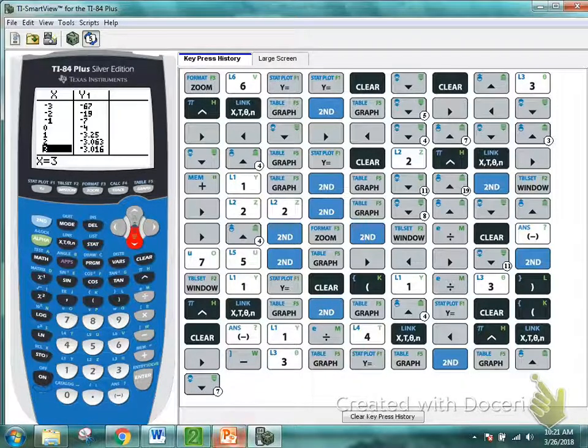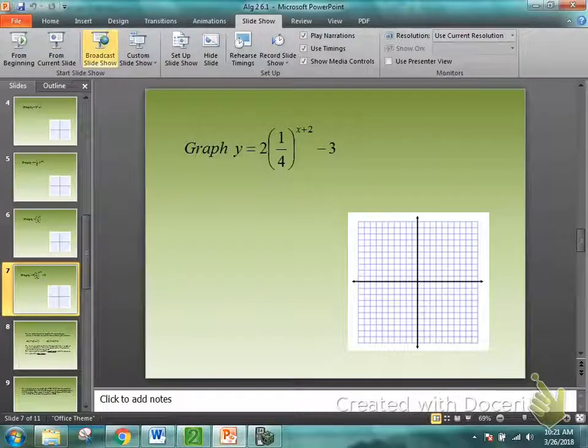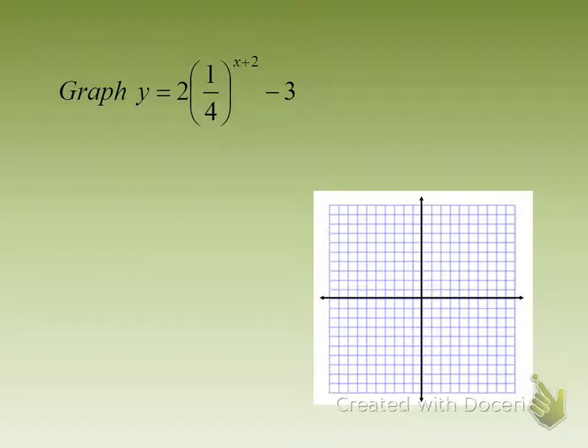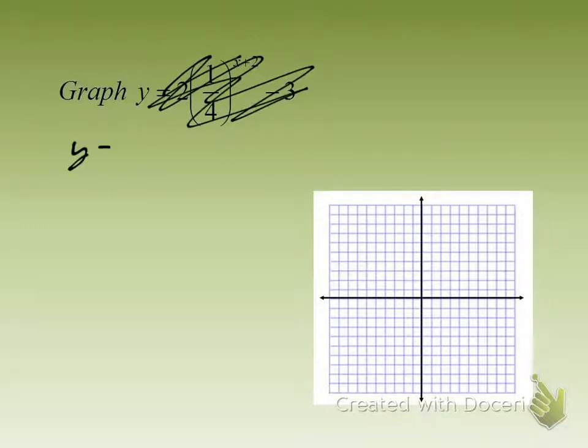Okay? So when you go here to graph it, from current slide, remember we changed this, because I had to rewrite it. We have y equals -1/4 x minus 3.